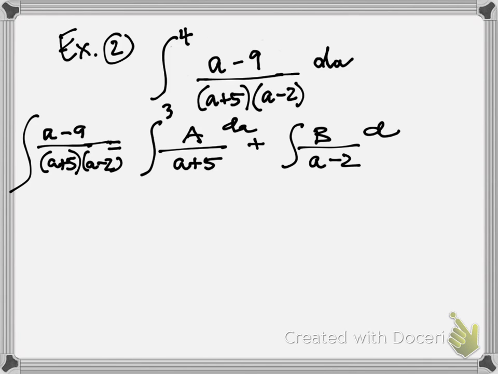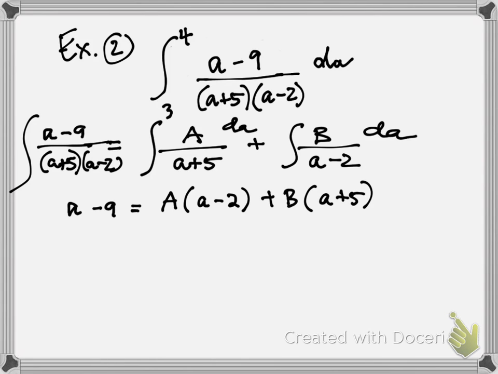This is dA. Okay? And then we do the same thing as what we did. A minus 9. I'm not going to write the LCD anymore because anyway they're going to cancel, right? So this is a minus 2, multiplied with the other factor plus b, a plus 5. Okay, cancel the denominators.